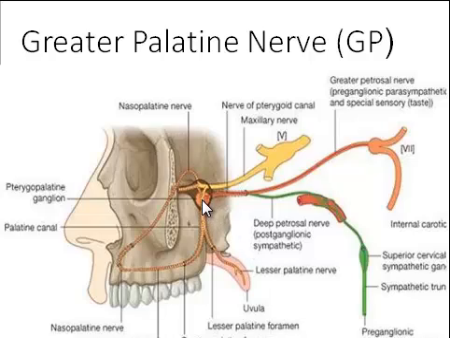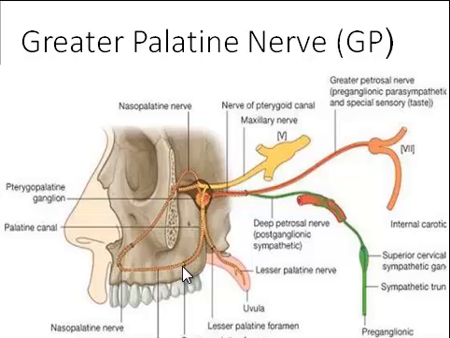And the greater palatine is right here. Greater palatine foramen, greater palatine nerve. So this descends through this pterygopalatine canal right here, and then it enters the oral cavity through the greater palatine foramen.